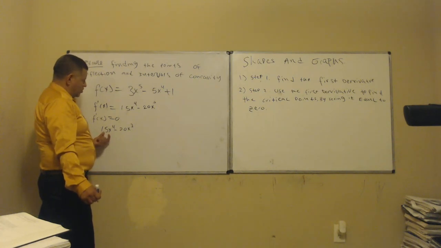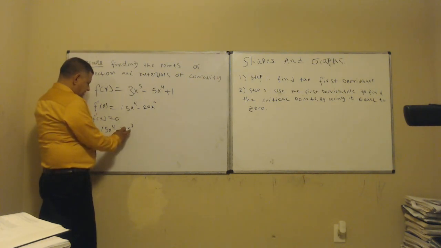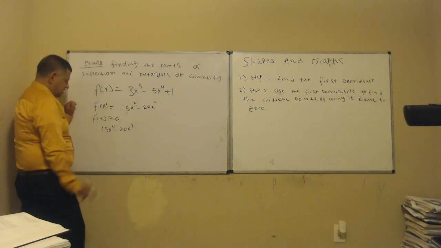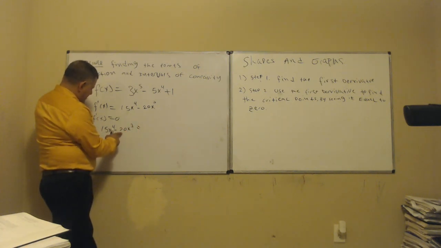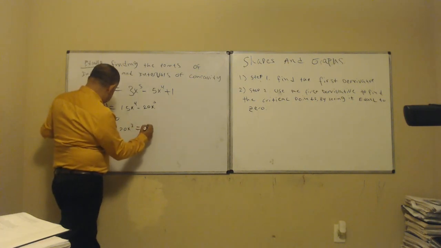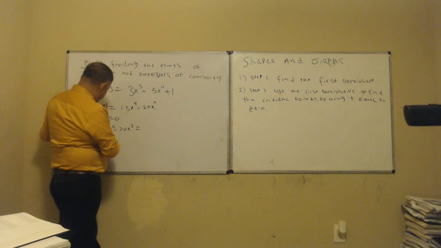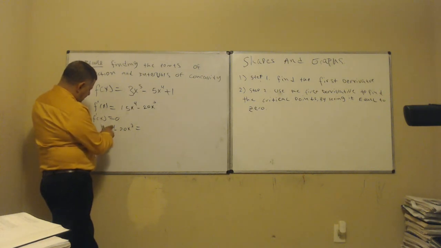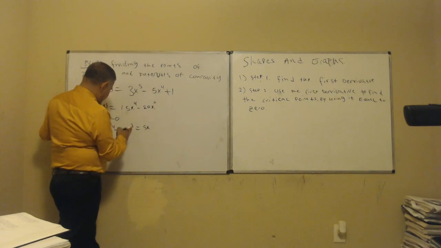If I take the x cubed out, and I take 5 out, 5 goes into 15 three times, 5 goes into 20 four times.